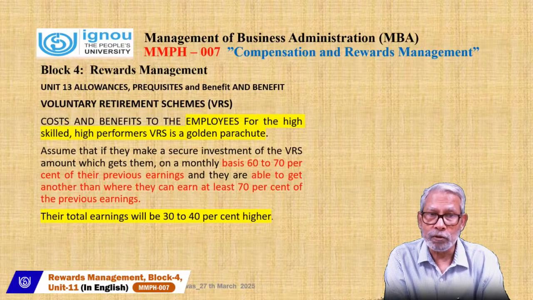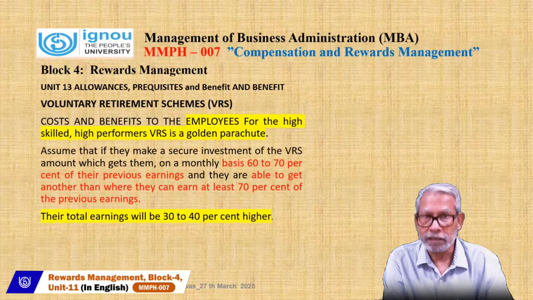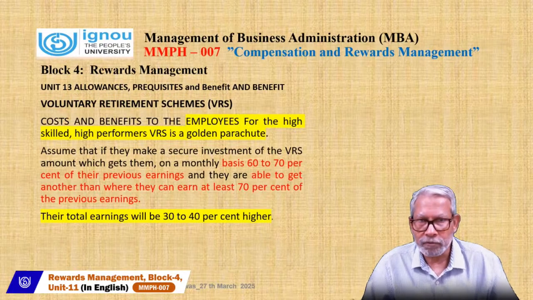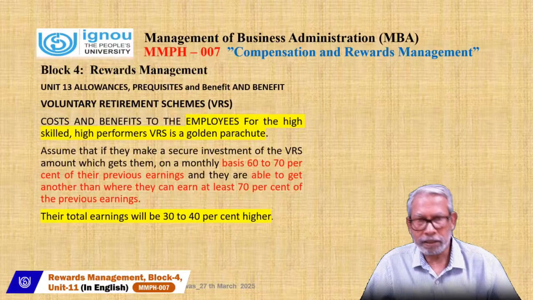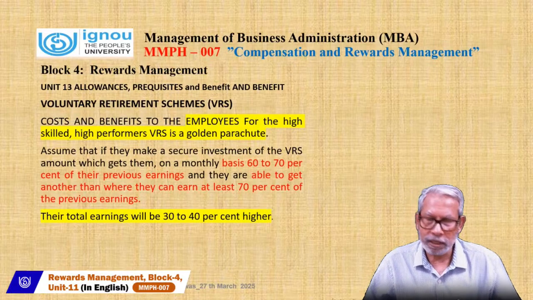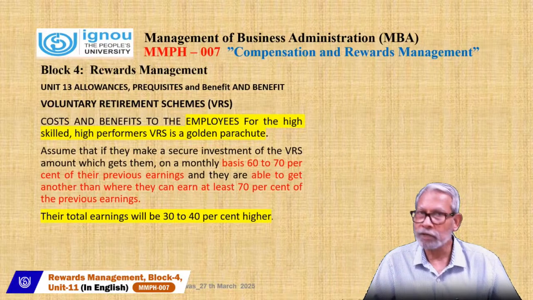So their total earning will be 30 to 40% higher. They can fix the money they are getting from here, and they are getting the interest also. After that, they can also work for someone.